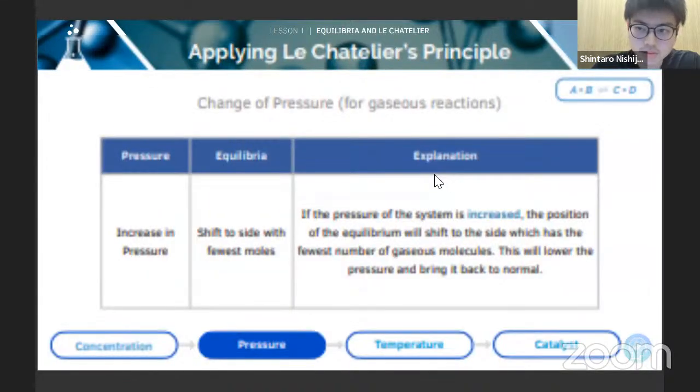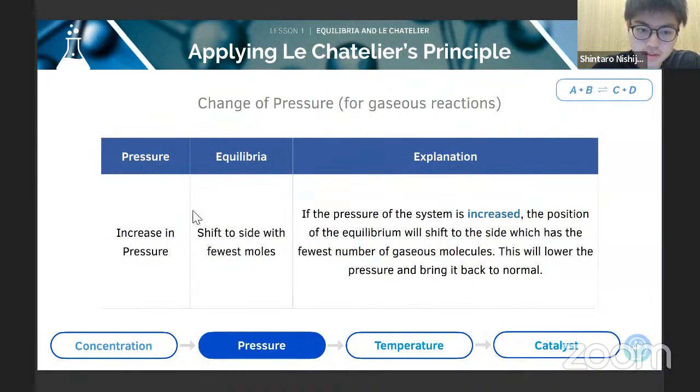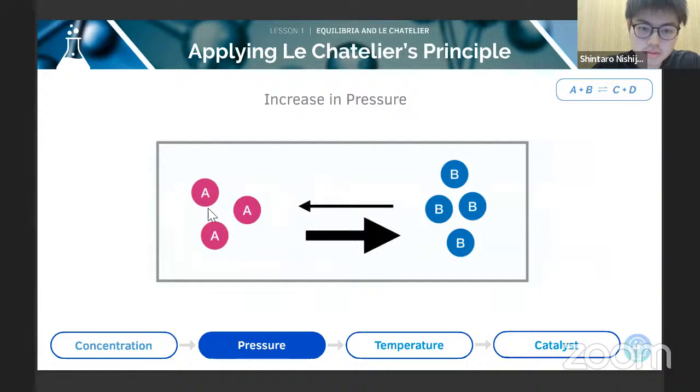Here are some examples. It's a bit hard to see in this one because you don't see the chemical reaction, but let's say there are 3 molecules on the left and 4 on the right. If we increase the pressure, and Le Chatelier's principle counteracts whatever change I make, it's going to want to decrease the pressure. A way to decrease pressure is to decrease the number of molecules.